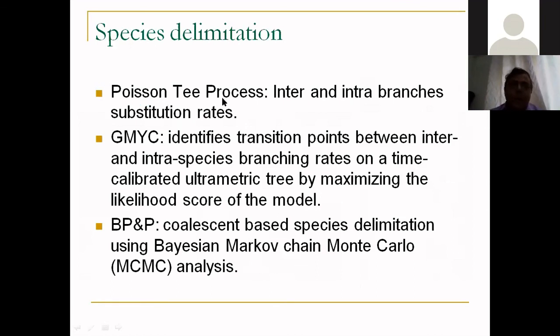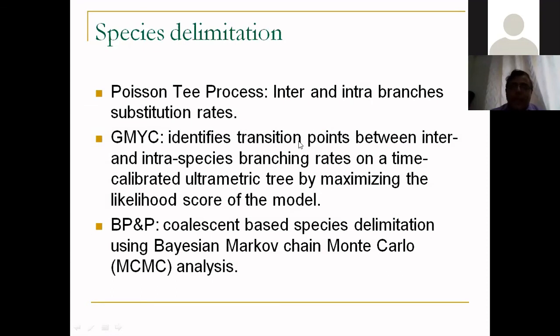For example, Poisson tree process looks at very similar things, but it looks at inter- and intra-branch substitution rates. So it does not look at molecular distances, but it looks at the branch lengths within a group and between the groups. GMYC takes a calibrated time tree, and then again looks at the branch lengths.